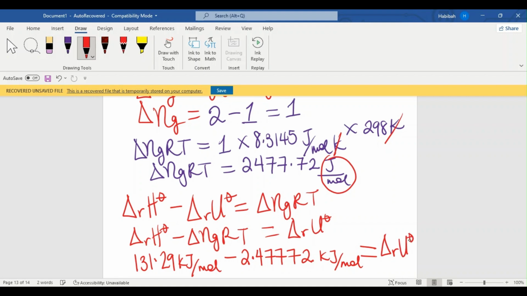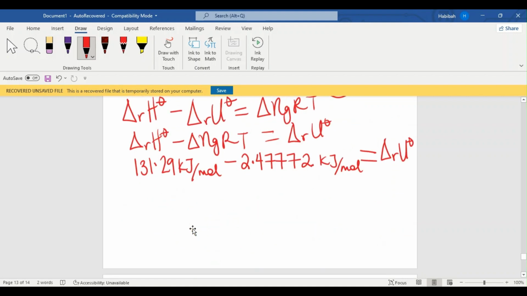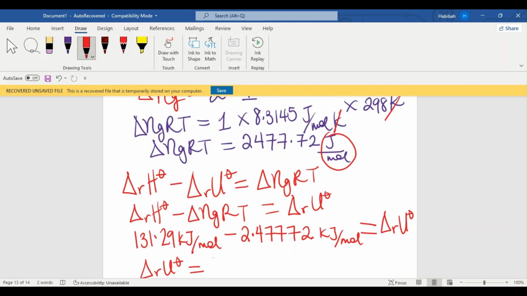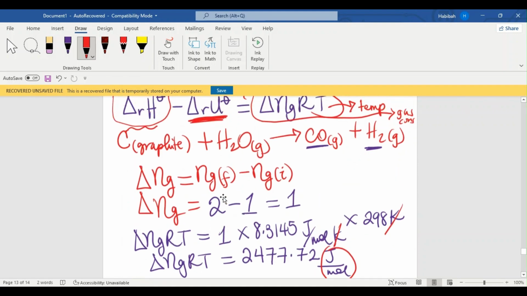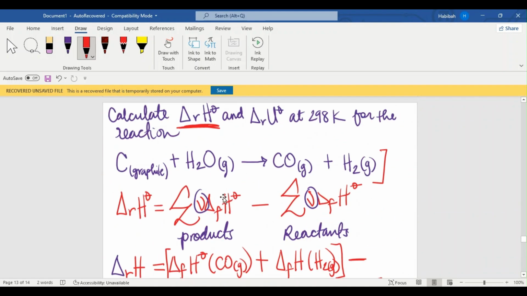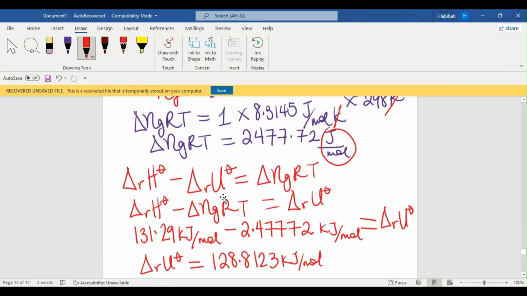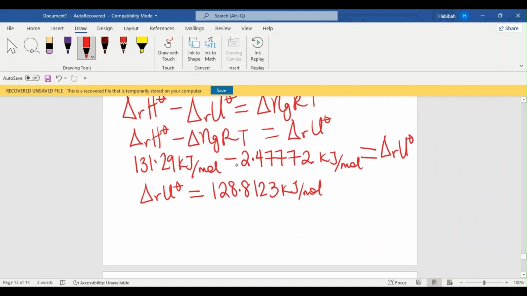You can see how simple this question is. It's just going to take a little bit of time and then you're done. So change in internal energy of reaction equals 128.8123 kilojoule per mole. Of course, this question we can approximate. So I'm going to be doing this approximation in terms of two decimal places or four sig figs.